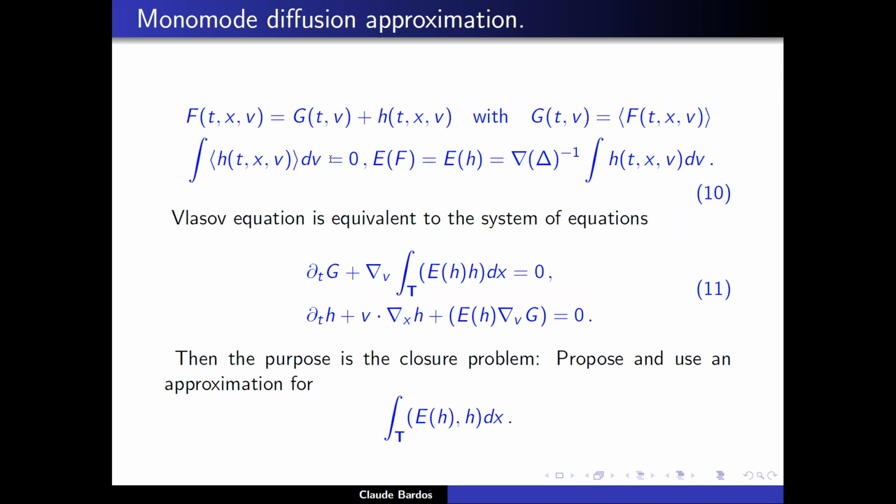The quasi-linear approximation that I announced is to write f of t, x, v equals g of t plus h of t, x, v, and try to see what I can do. If I just go back to my introductory slides, I have now decoupled the system into these two equations, one for g of t and the second for the perturbation. Okay, now I move that.